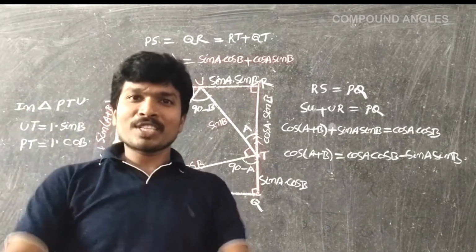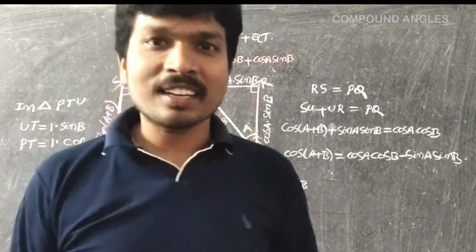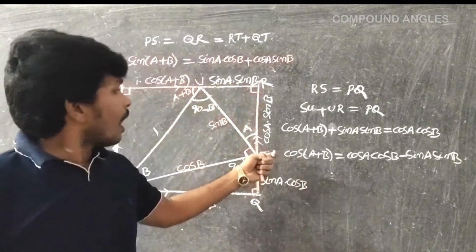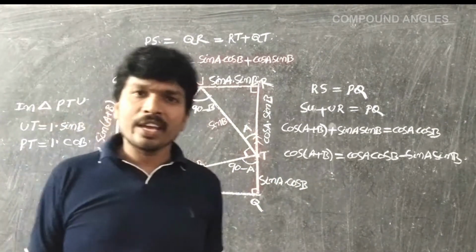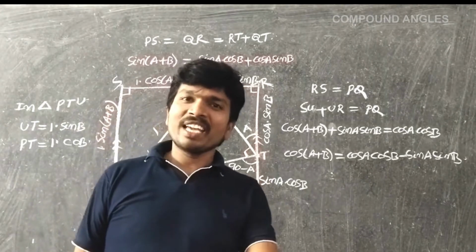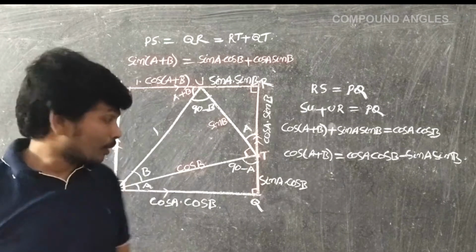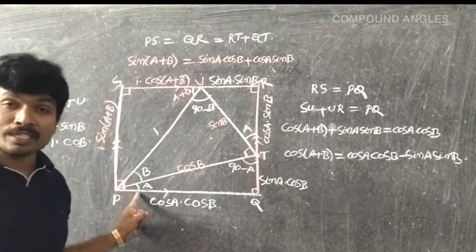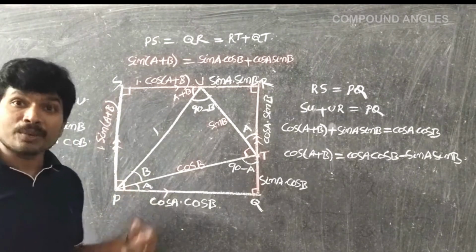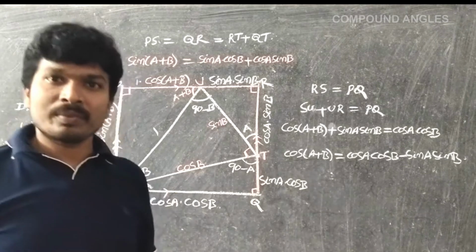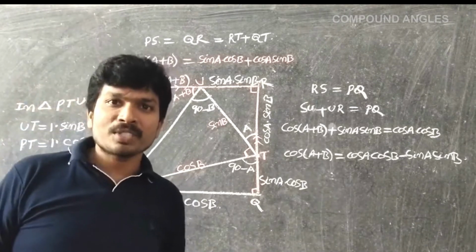Okay. Now my question. Are these formulae always true for any A, B values? Here A plus B is an acute angle, no? Maybe you have a doubt about acute angles. Did you get such a doubt?